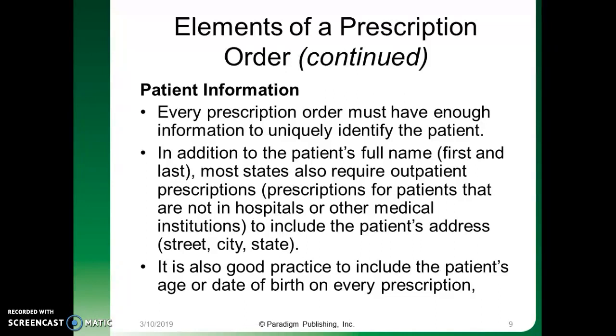And why is it important to have the age or the date of birth? First of all, maybe billing information. In order for the prescription to be paid by the insurance company, date of birth is important. Again, it has to do with the identification of the patient. Also, if the patient is a child, you will need that date of birth or age because the dosage of that medication will be different than for an adult.